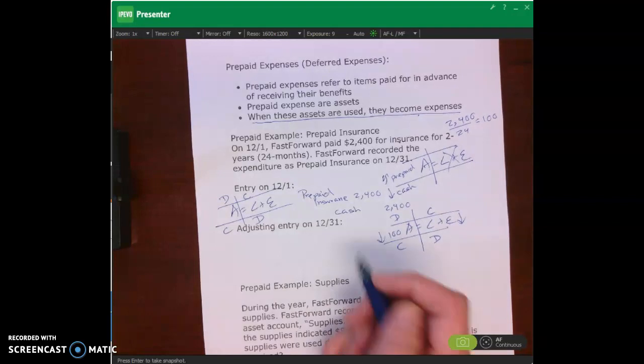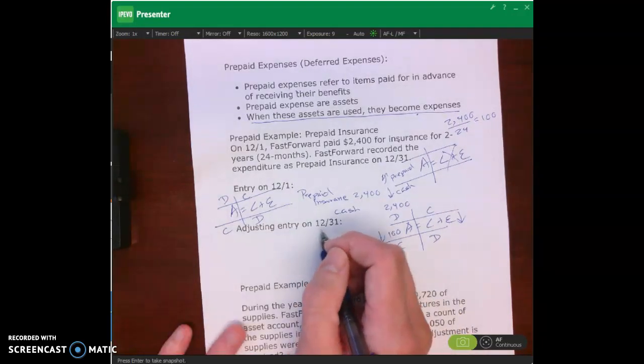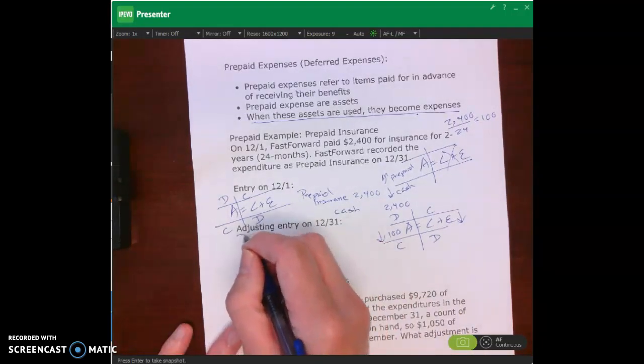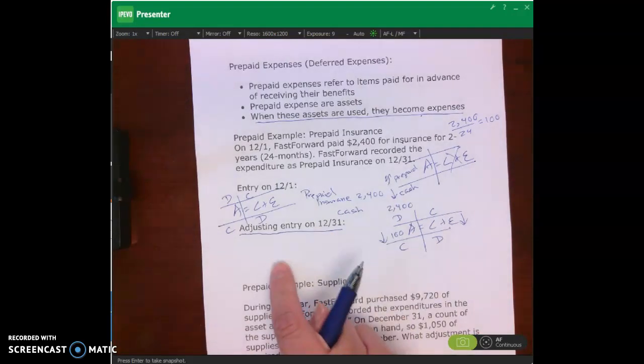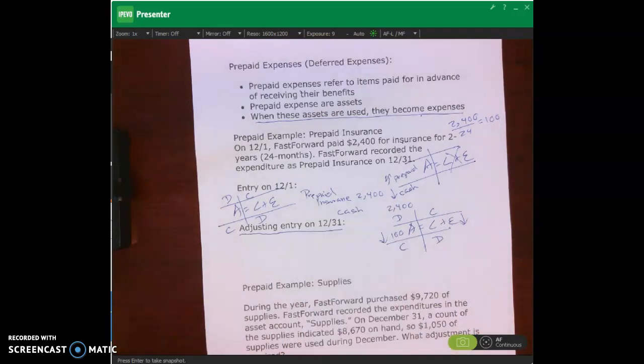Okay. So to do my journal entry here on 12/31, and it says right over here, adjusting journal entry. So this is one of the adjusting journal entries that we'll be talking about. These are done, as I said earlier, at the end of the accounting period.